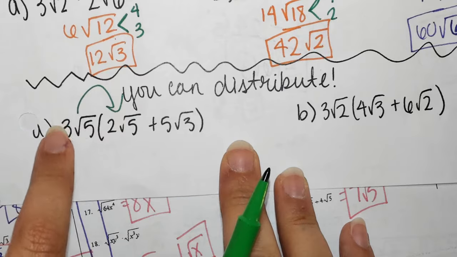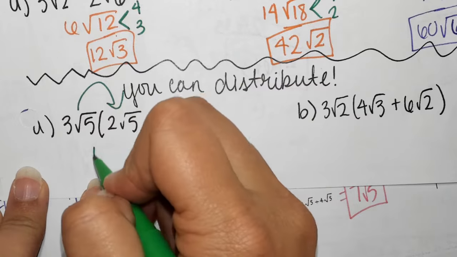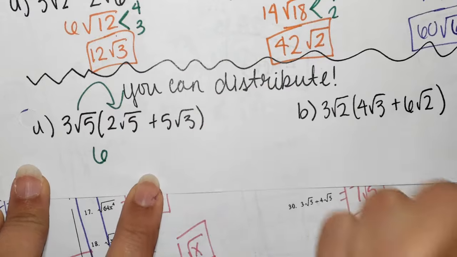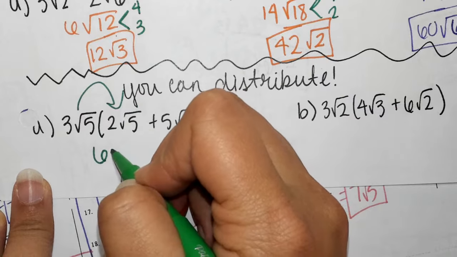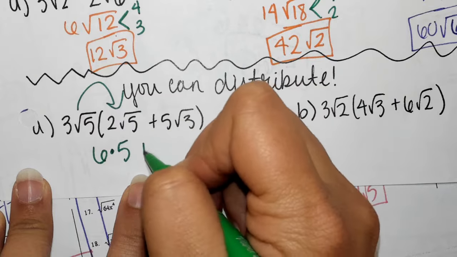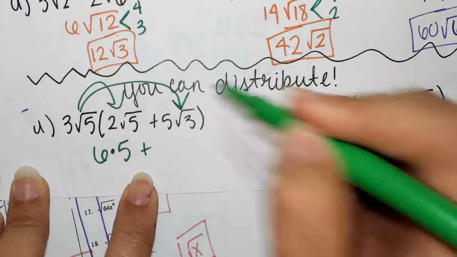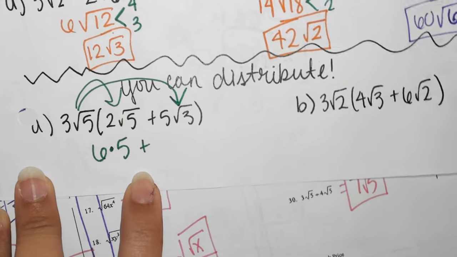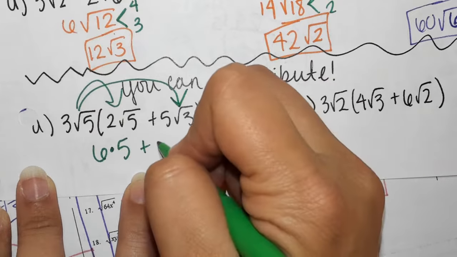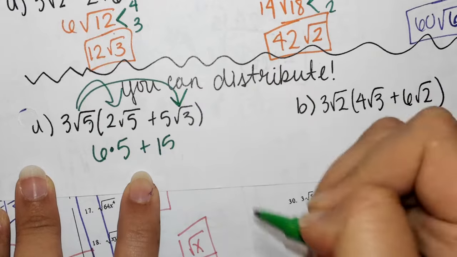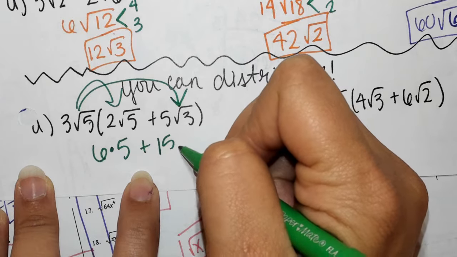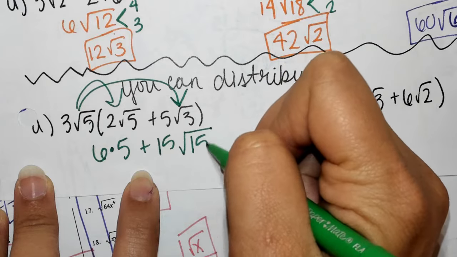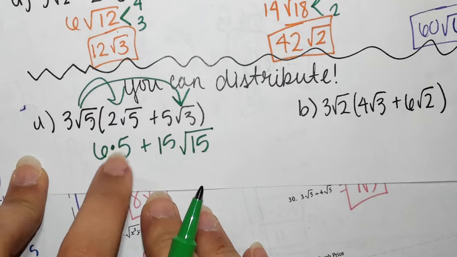No. Can I multiply the 3 and the 2? And you get 6. Can I multiply root 5 times root 5? And what does that give us? 5. Alright, now, can I multiply 3 times 5? And what's root 5 times root 3? Alright, now what's 6 times 5 right here?